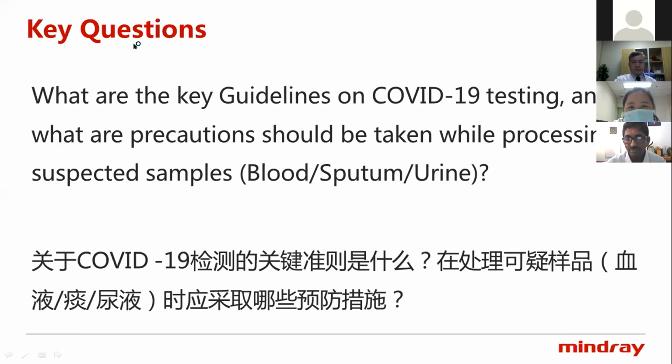It also has a requirement on ambient pressure. So generally, in the buffer area, the ambient pressure should be high. In the amplification area, it should be negative pressure so that the contaminants would be excluded. So these are general principles.